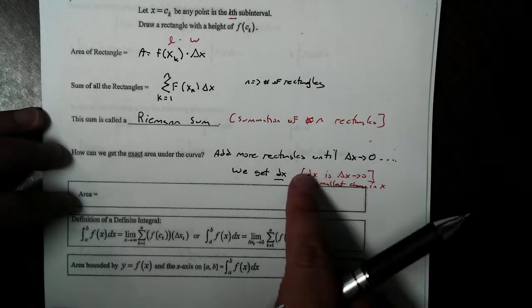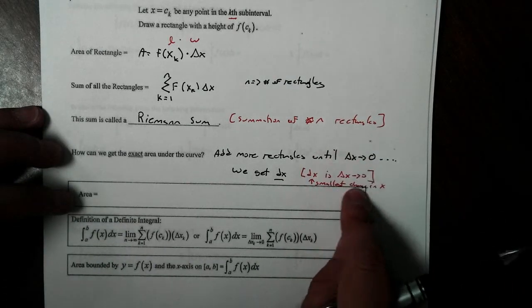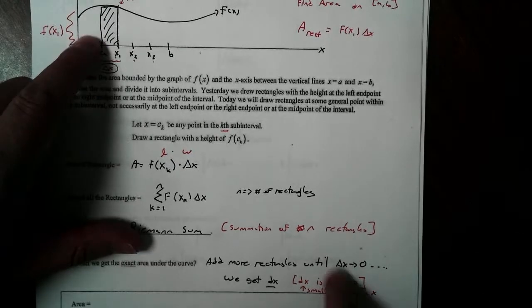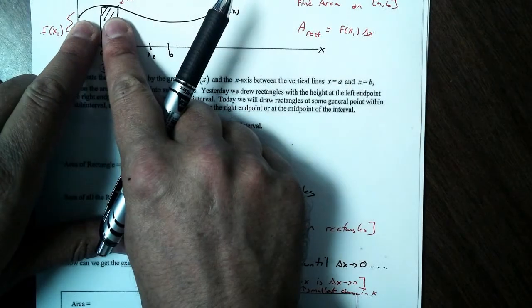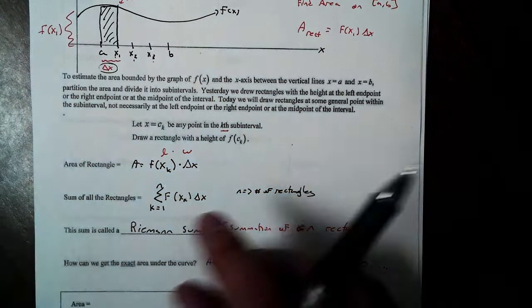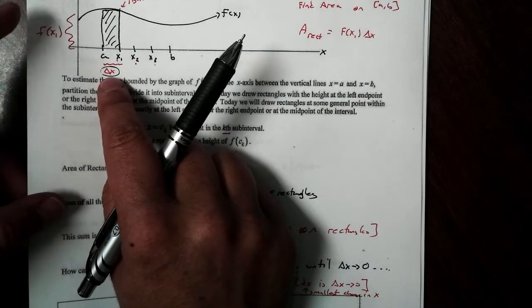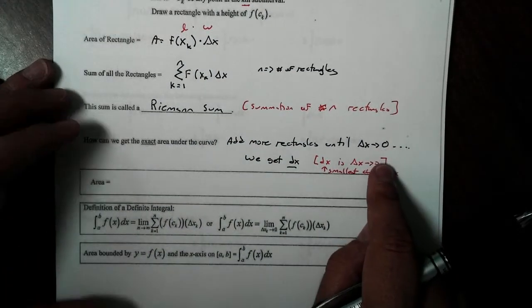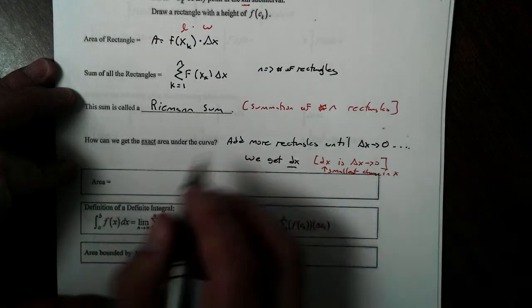So in other words, we really can't let delta x ever go to 0, because if we let delta x go to 0, what does that area actually become? 0. So we can't actually let delta x become 0, but we're approaching it. And if you're thinking, man, this sounds like limits, you're exactly right.